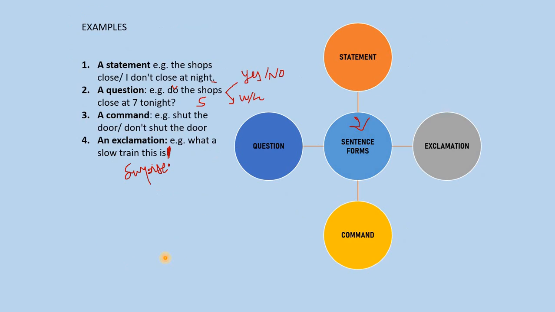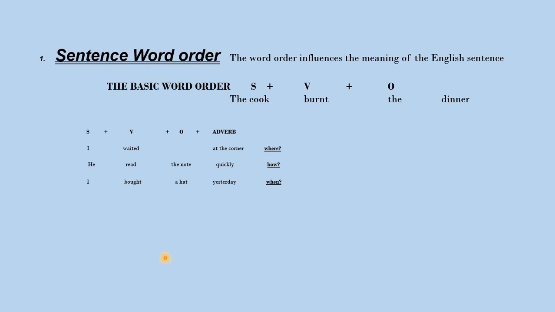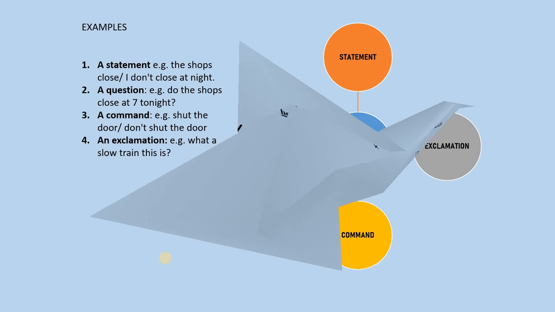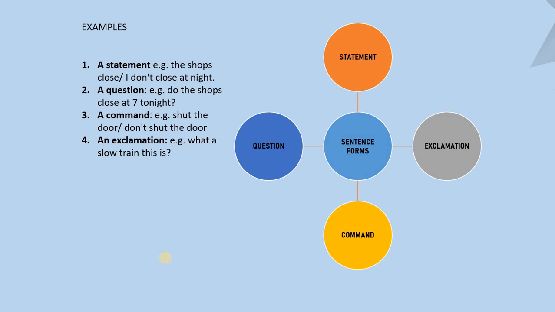I hope, my dear students, that you have an idea about the sentence word order, the different forms of the sentence: the statement, the question, the command, and the exclamation. And these forms are not influenced by the kind of the sentence or by the pattern of sentence. So the pattern can be a statement, can be a question.